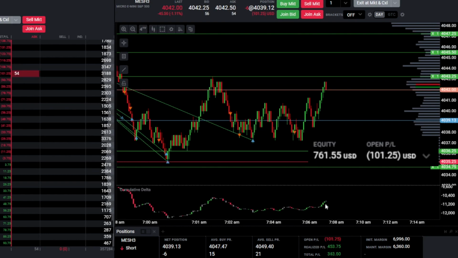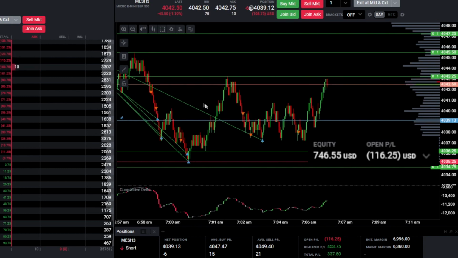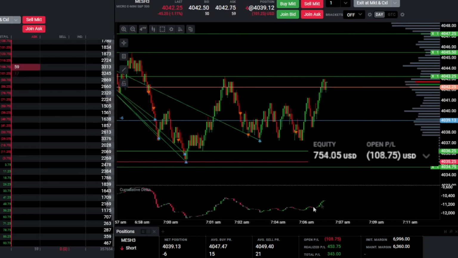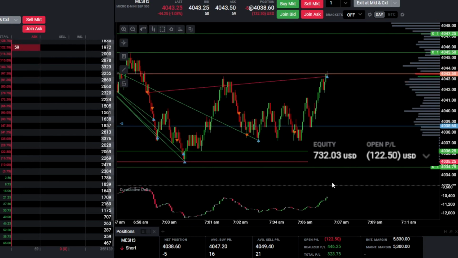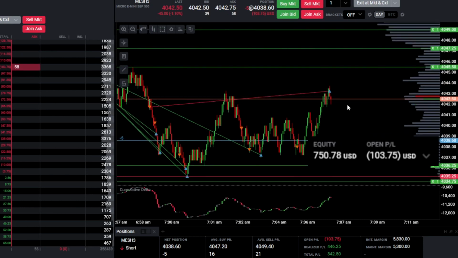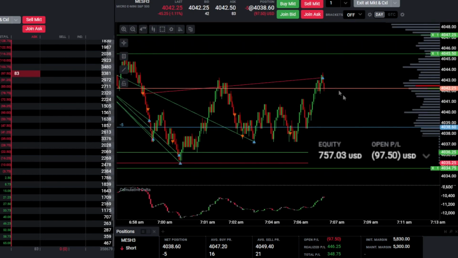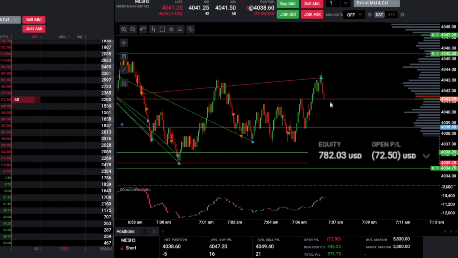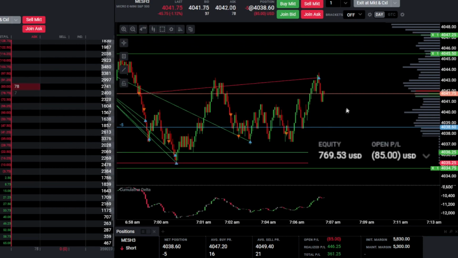Cumulative delta is kind of lower than it was here, so that's a decent sign. Lower high. Oh, stop filled. We got stopped on the first contract there. Maybe we can trick the market, and the market thinks we got all out. Now they're gonna reverse it down. Look at that.